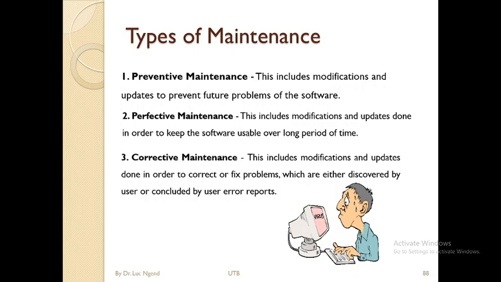Now we have different types of maintenance. We have preventive maintenance. Preventive maintenance has to do with the action you take to prevent failures, to prevent faults. So the action you take can be like security action, like antiviruses.